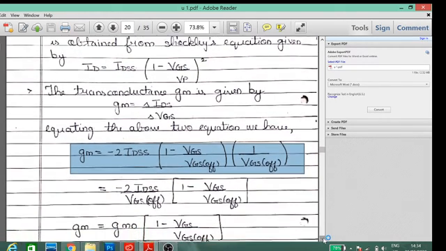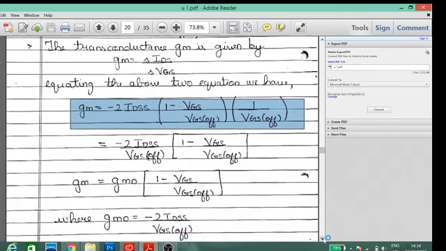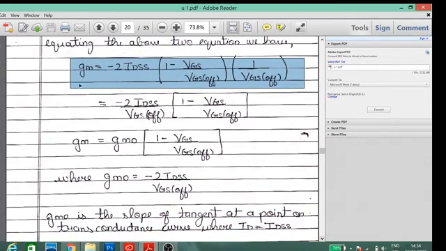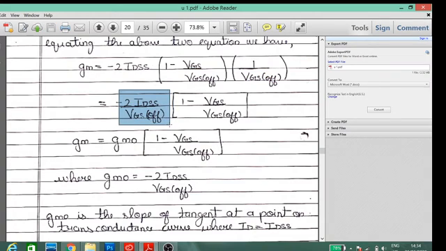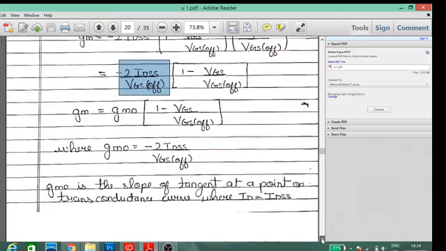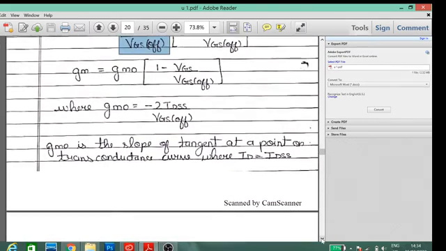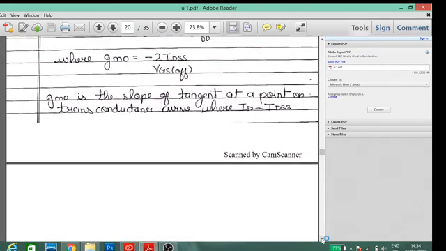If we rearrange, we get minus 2 IDSS divided by VGS(off) times (1 minus VGS divided by VGS(off)). The term 2 IDSS over VGS(off) is known as gm0 and remains the same. gm0 is the slope of the tangent at the point on the transconductance curve where ID equals IDSS.